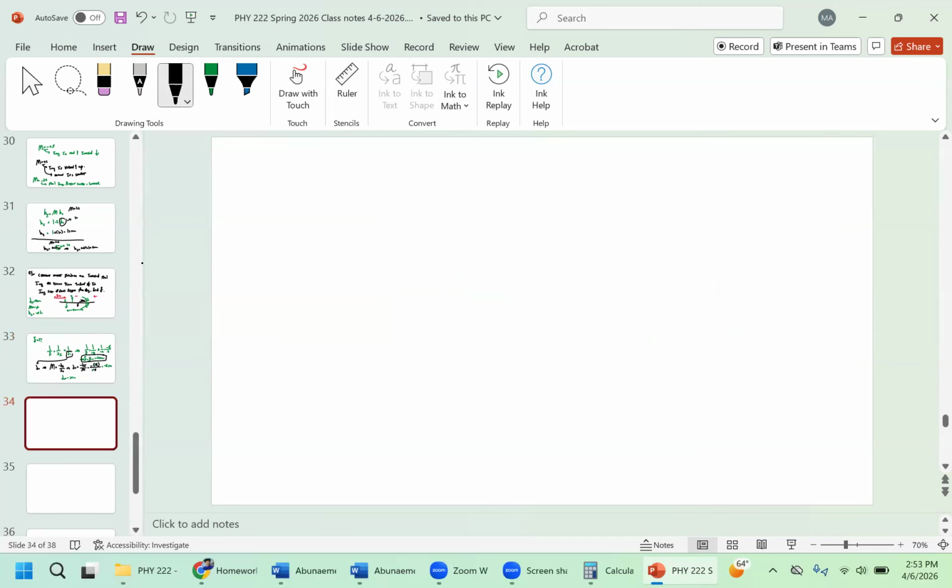Okay, let's do another example. Let's say you have a convex mirror. Convex mirror of length 8 centimeters.